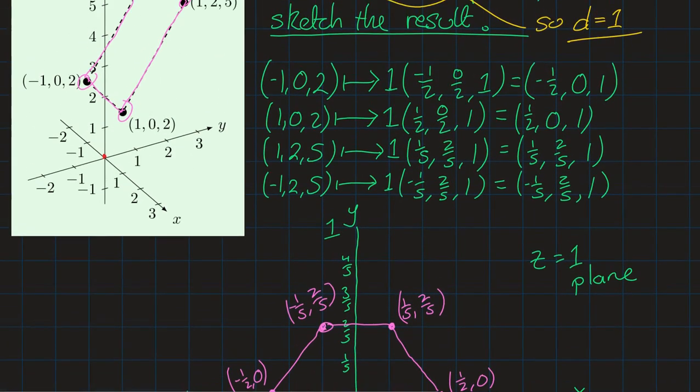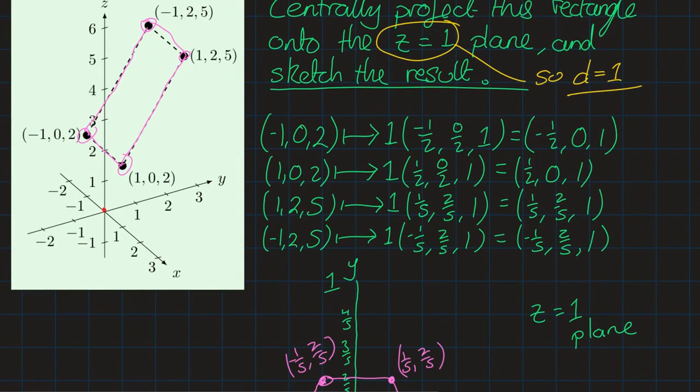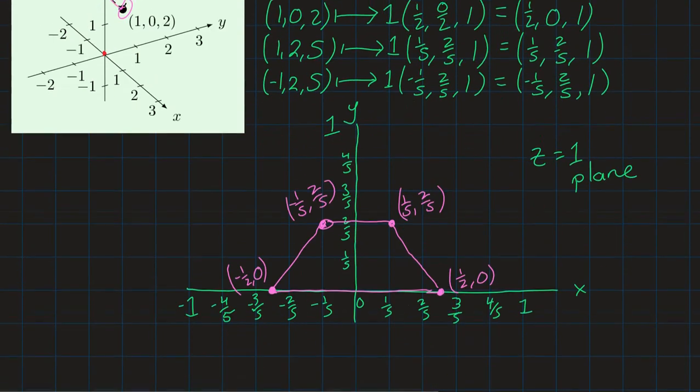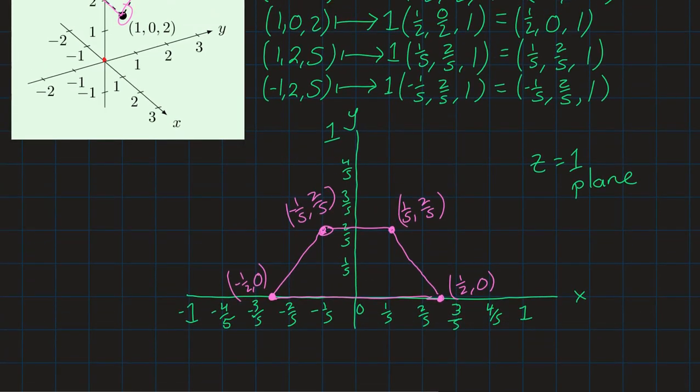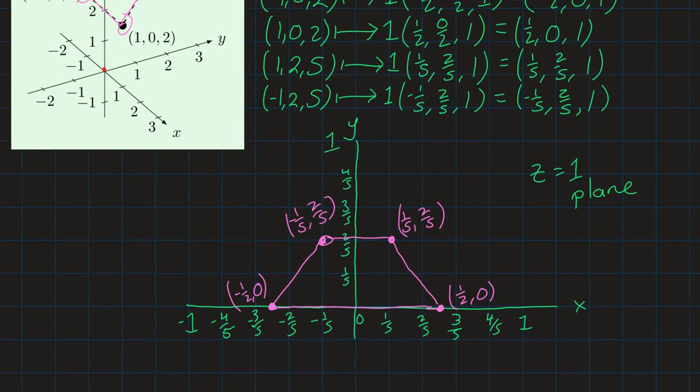And this is something that happens with central projection. The further away an object is from the eye, from the origin, the smaller it appears. So even though in real life both of these lengths are the same, under central projection, because this one was further away, it appears shorter than this one. Central projection distorts the length based on how far away the object is, and this is in contrast to parallel projection. In parallel projection, this wouldn't happen.